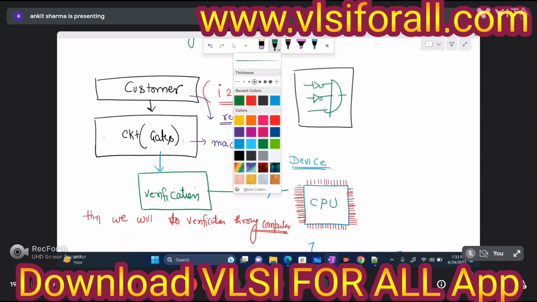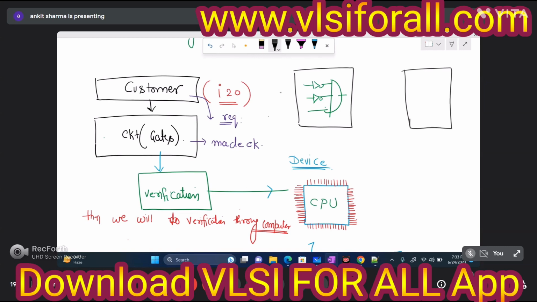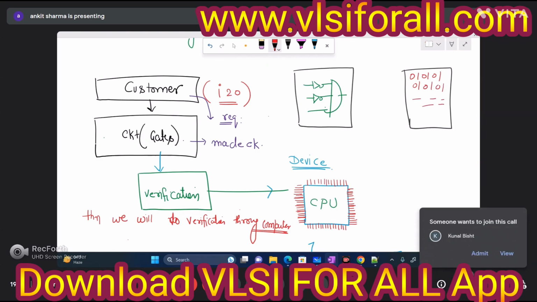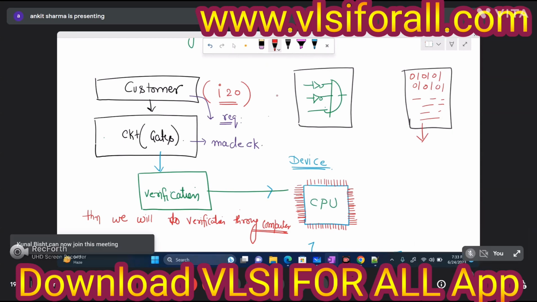So we have this circuit in one hand, and in the other hand, we have a computer that can understand only 01010101 like that. Or we can say a computer can understand a set of instructions.